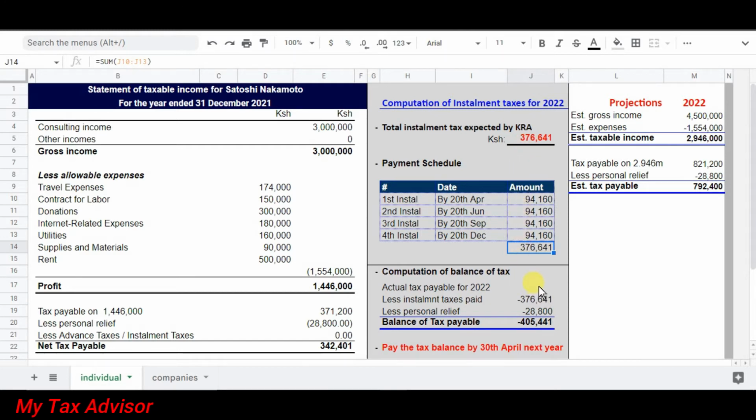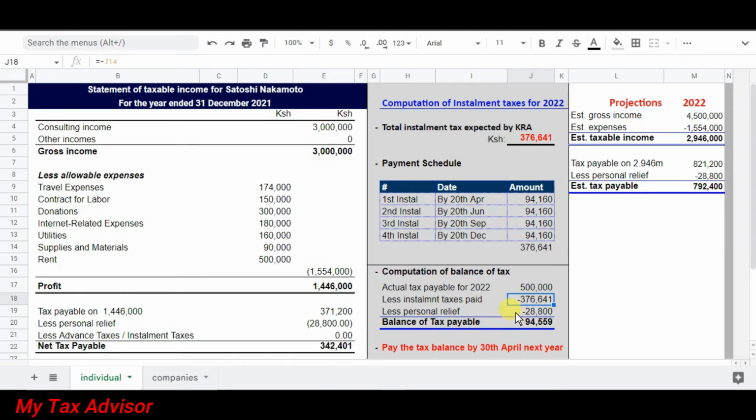Now let's assume that at the end of the year we have done our books of accounts and we have assessed our actual income and our actual tax bill. So let's assume that the actual tax bill is amounting to, let's say, 500,000. So that's what you're supposed to pay. Then how are we going to offset everything?